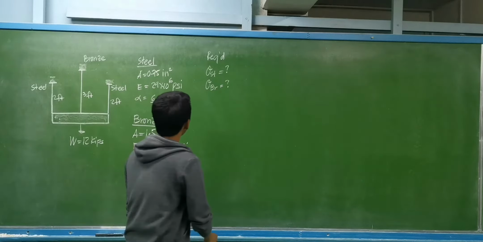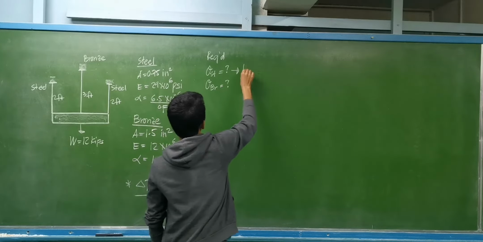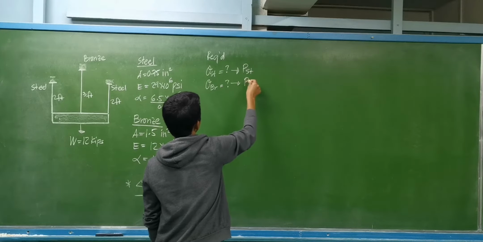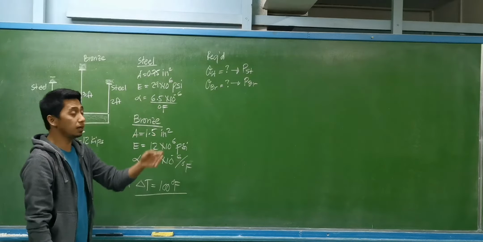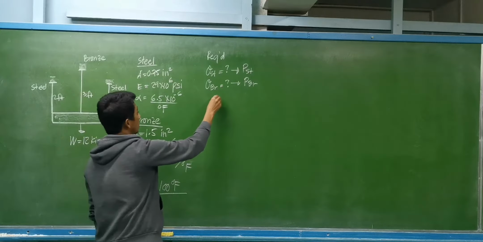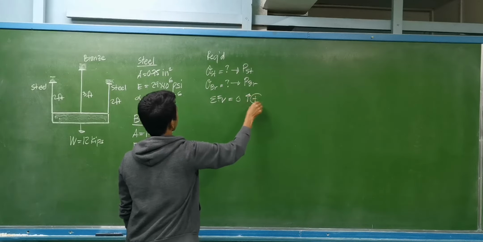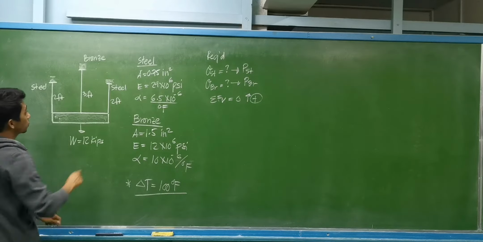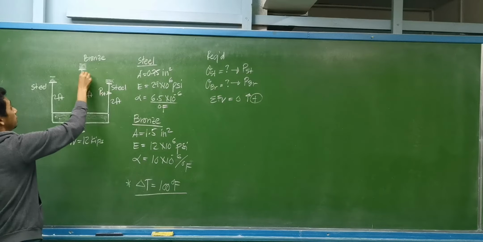So if we are computing for the stress caused by this 12 kips, we need to compute for the force carried by the steel and the force carried by the bronze. So if we are to apply the equations of equilibrium, let's say summation of forces vertical equals 0, upward forces to be positive. So we will be assuming that the forces carried by the steel will be upward, while the force carried by the bronze is also upward.